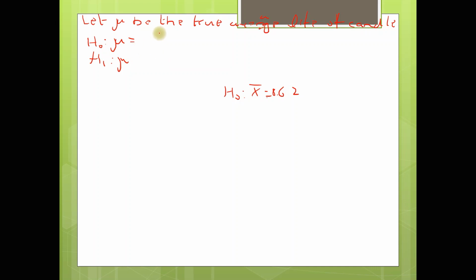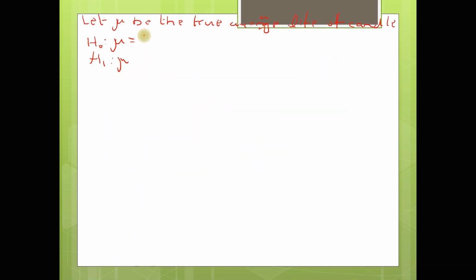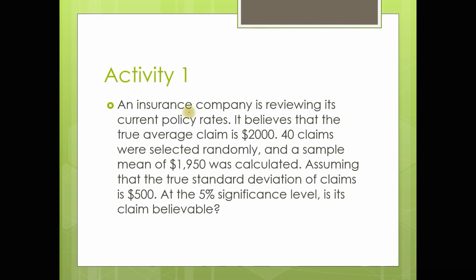It doesn't make sense. You don't test something that you observe. You test something that is unknown. So the idea here is to use 9.25. The next step is, of course, this should be 9.25, but what do we write down as inequality? It's based on the question.